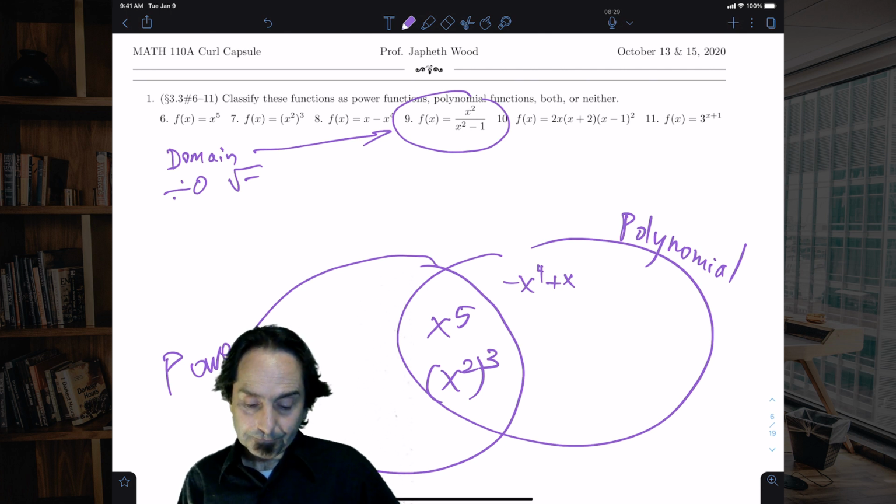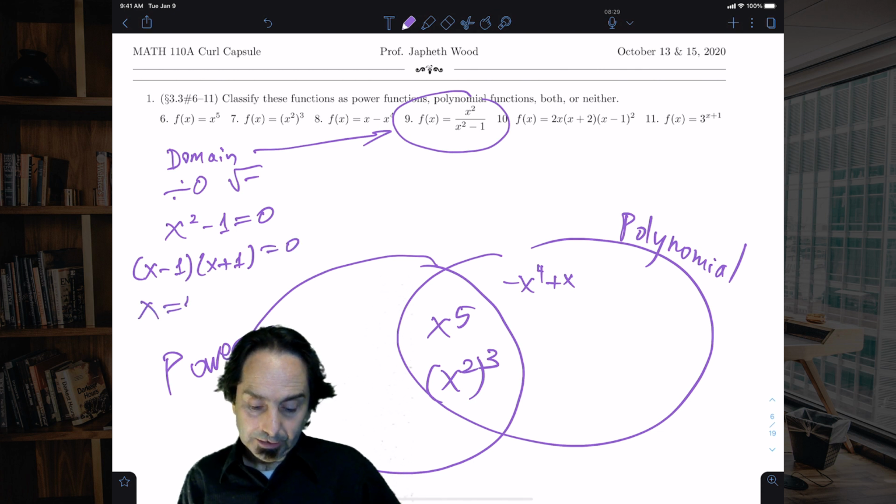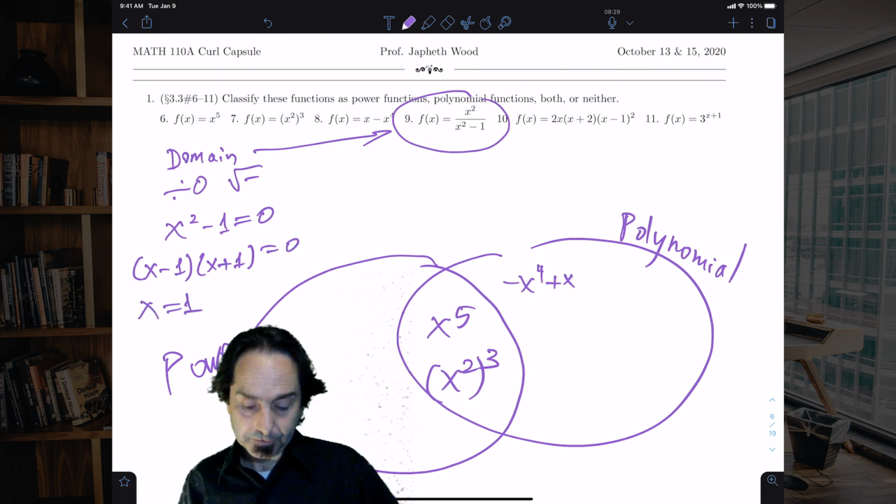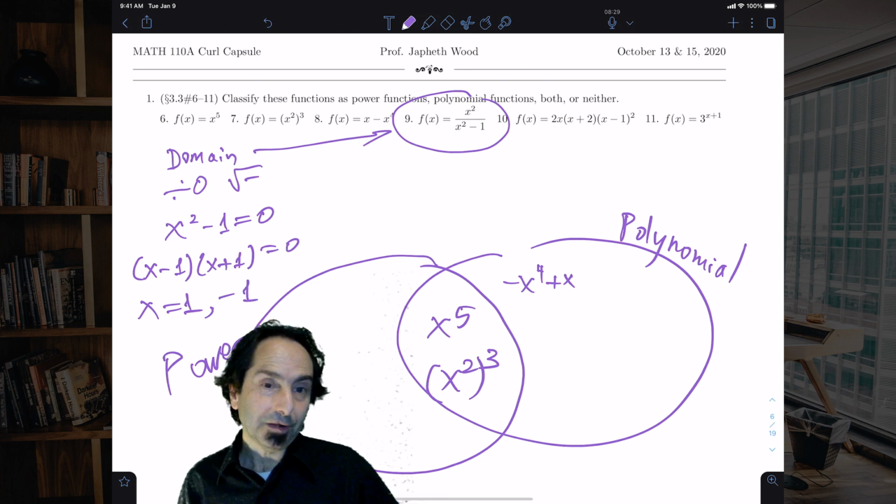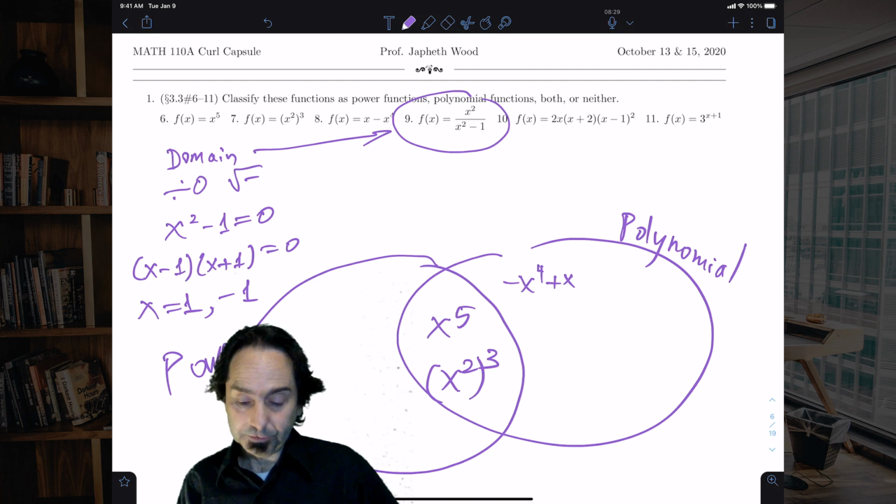And in this case, we might be dividing by 0 if x squared minus 1 is 0. Well, that's x minus 1 times x plus 1. So x is 1 is not a valid input, and x is negative 1 is not a valid input. So the domain is not all real numbers.